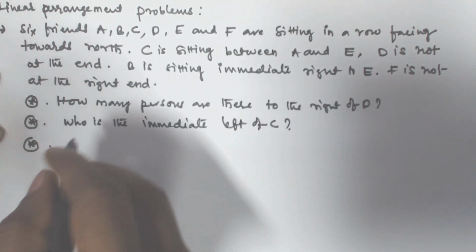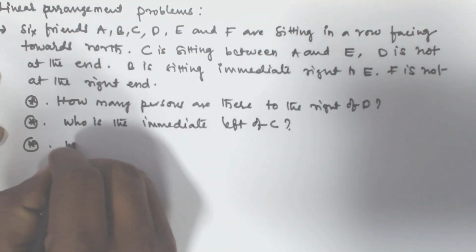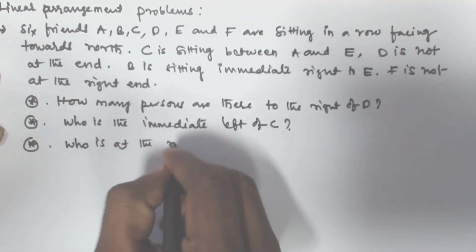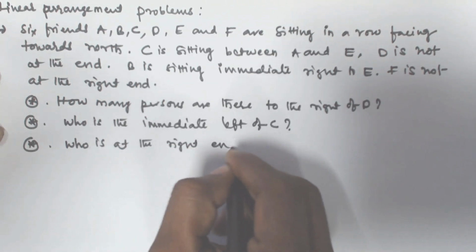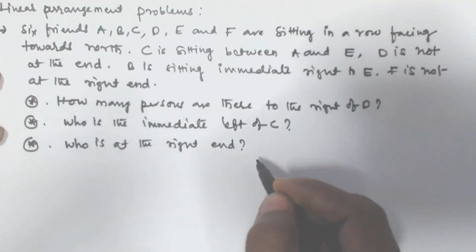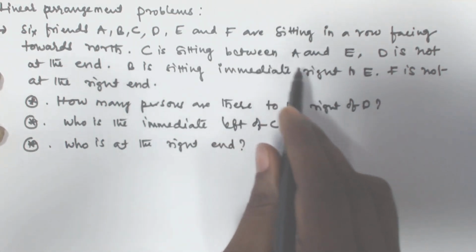And the third question is: who is at the right hand? So we have to solve these three questions based on the sitting arrangement.